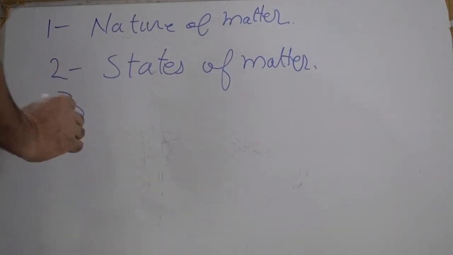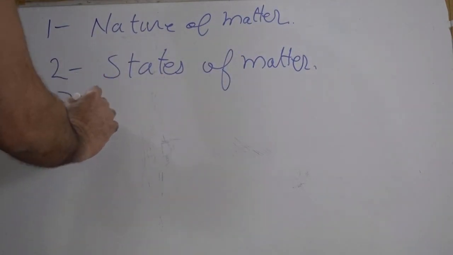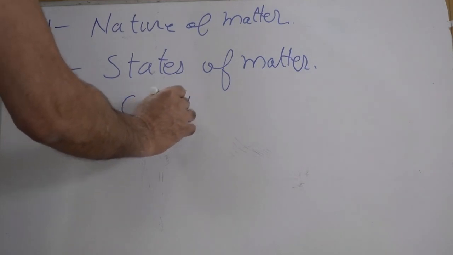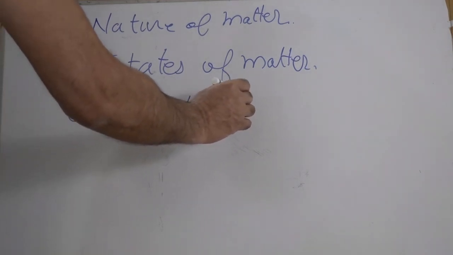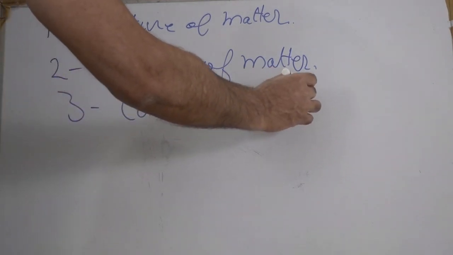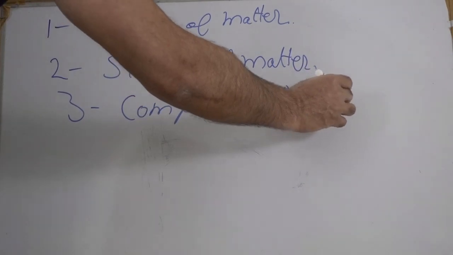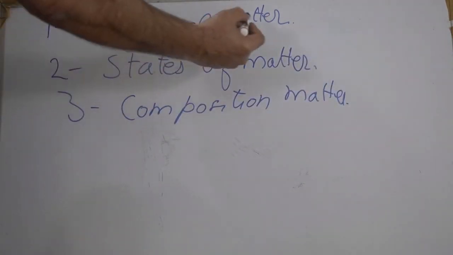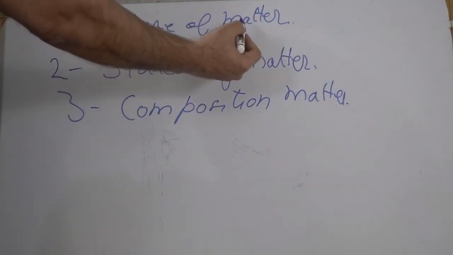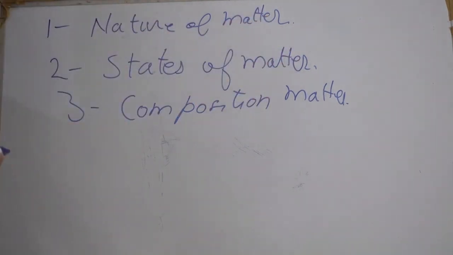Number three, we studied the composition of matter. In the nature of matter, we learned that matter has mass. That mass has inertia and also causes a gravitational force of attraction between two objects having masses.